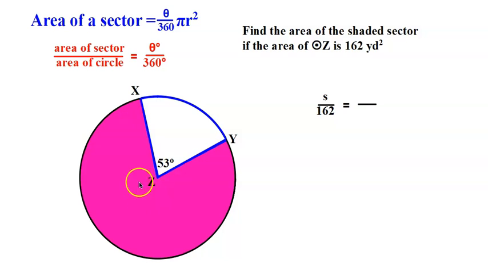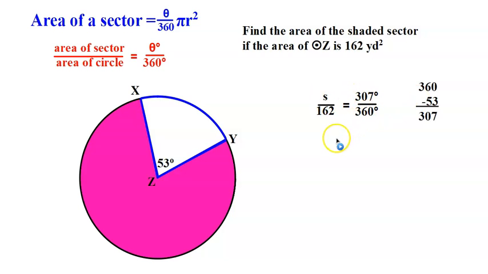The whole circle is 360, so we take the part I don't want out: 360 minus 53 gives me 307 degrees. So 307 degrees over 360 degrees.